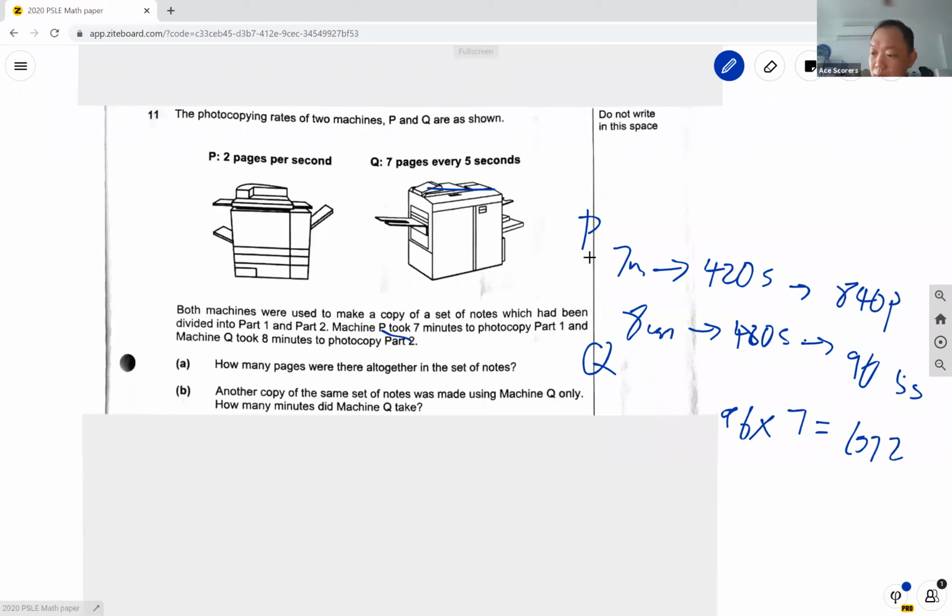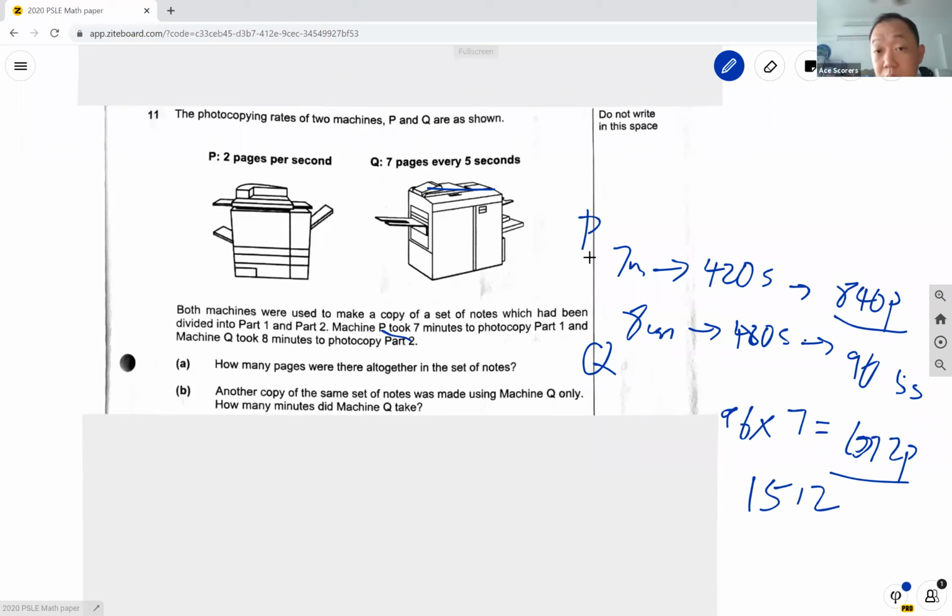So altogether it's 1512, when you take 840 plus 672.